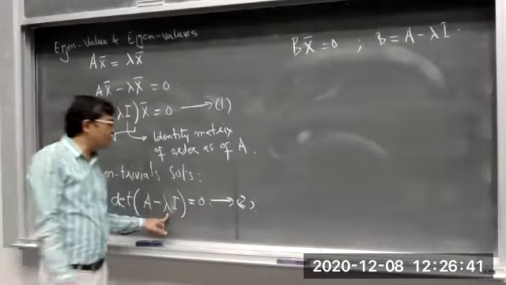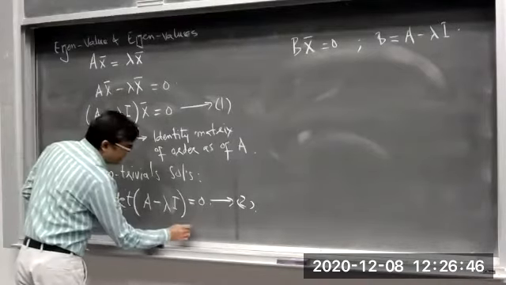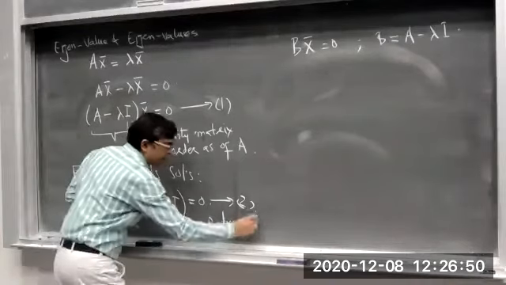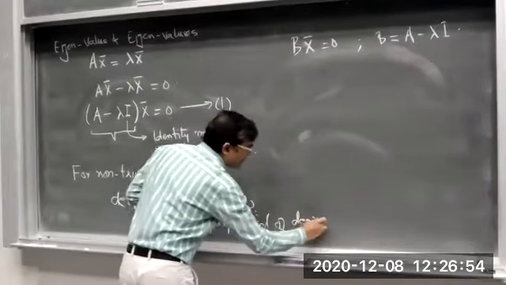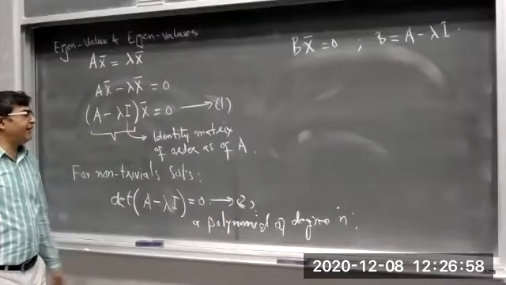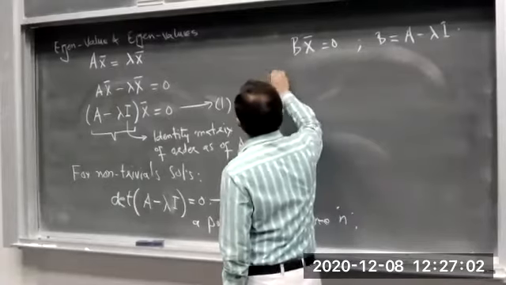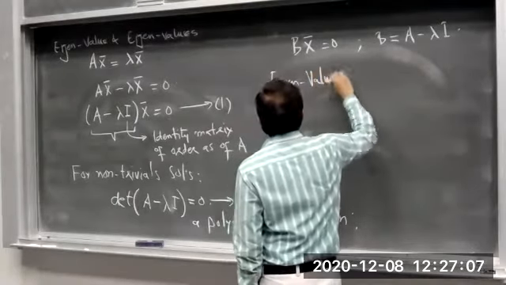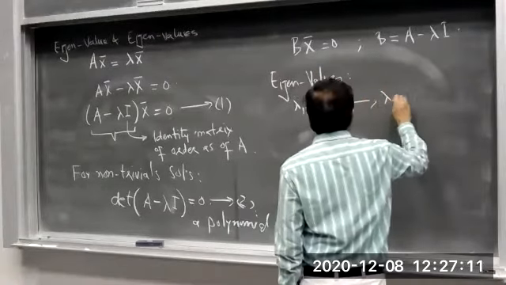I told you this determinant, if we solve it, gives us a polynomial of degree n. So if it is a polynomial of degree n, then it must have n eigenvalues, for example, lambda 1, lambda 2, and so on, lambda n.